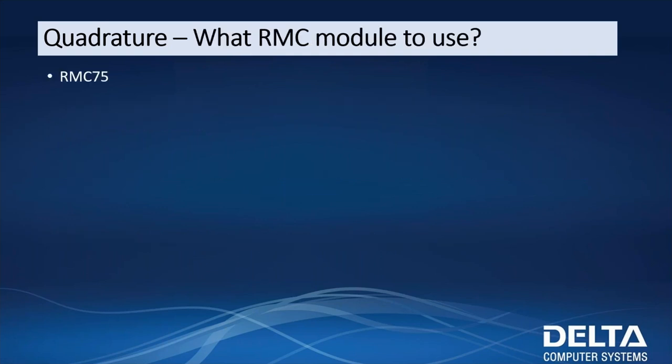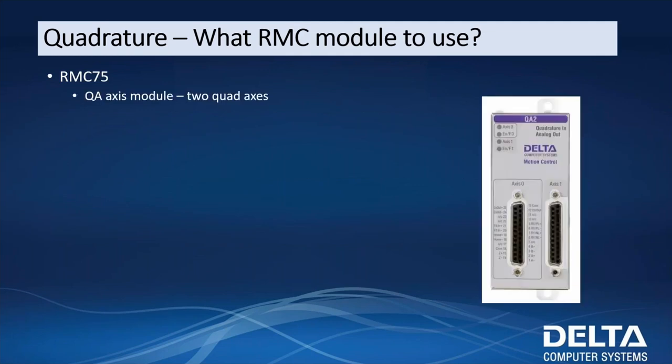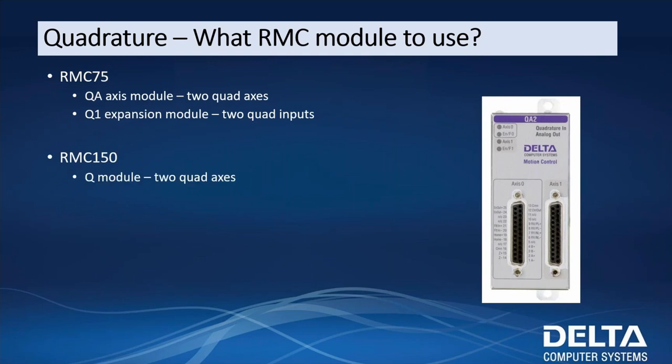So what RMC module to use with Quadrature? For the RMC 75, we've got the QA, QA1 or QA2. This is a 2 quad axis controller, or module rather. The QA1 expansion also has 2 Quadrature inputs. For the RMC 150, you've got a Q module with 2 quad axes, and the UIO can also have 2 quad inputs.